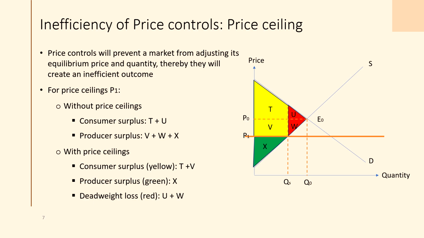Consumer surplus becomes T plus V, while producer surplus becomes X. The areas U and W are lost. These areas represent deadweight loss, meaning benefits that neither consumers nor producers receive. So price ceilings reduce total surplus and create inefficiency within the market.